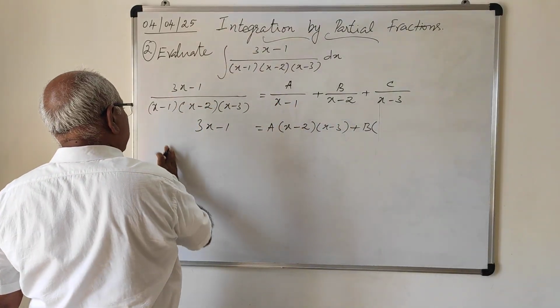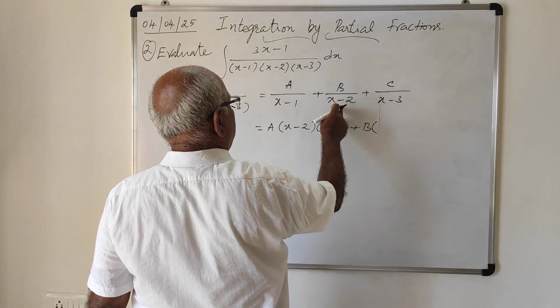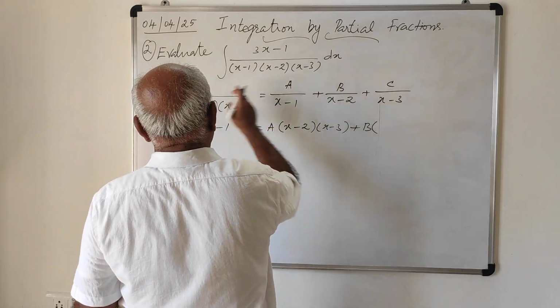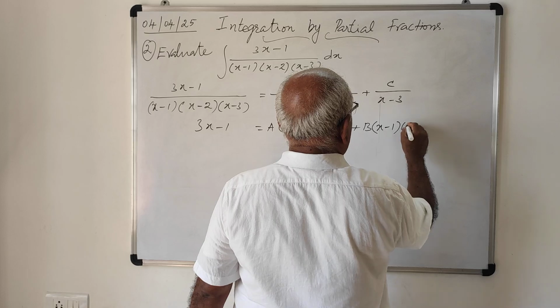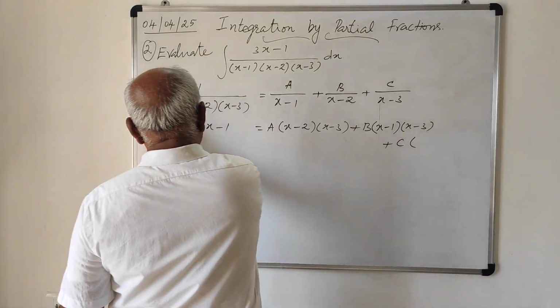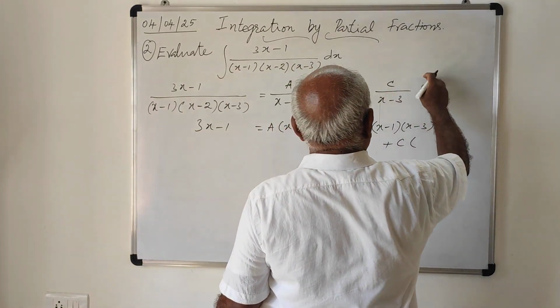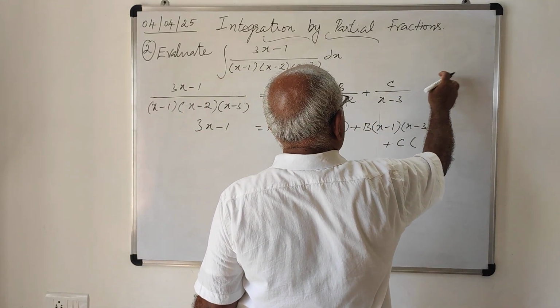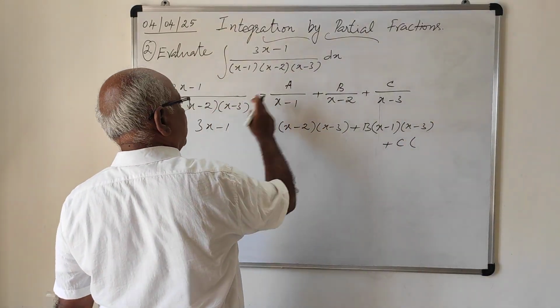And for the second term, the denominator x minus 2 cancels, so you get b into x minus 1 into x minus 3, plus c into, for the third term, x minus 1 into x minus 2, since x minus 3 cancels in both the numerator and denominator.